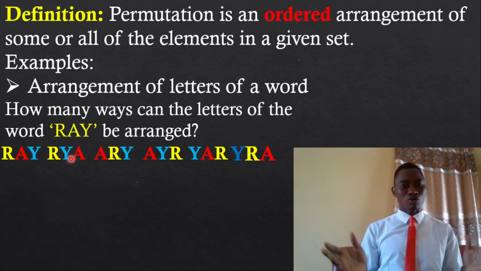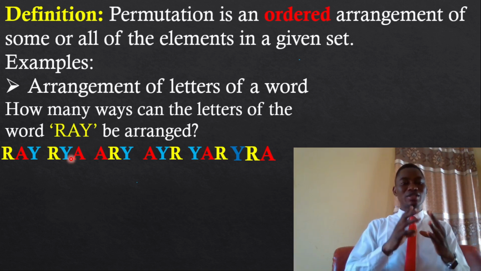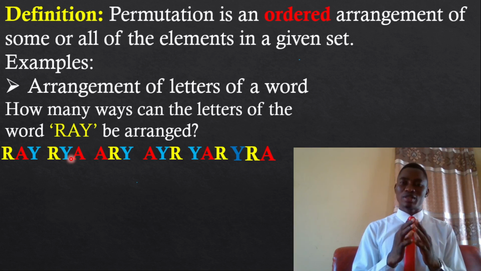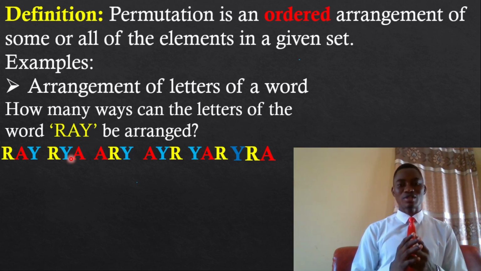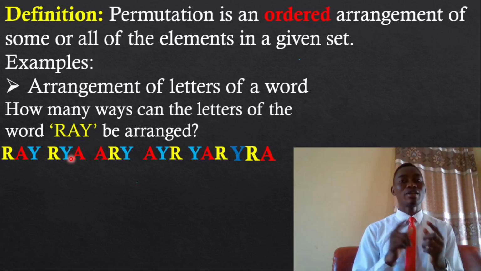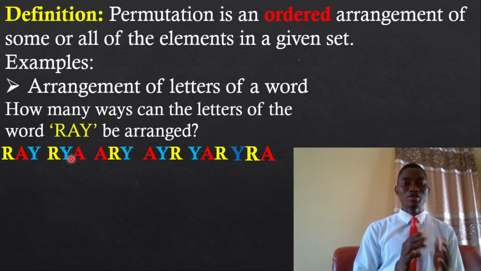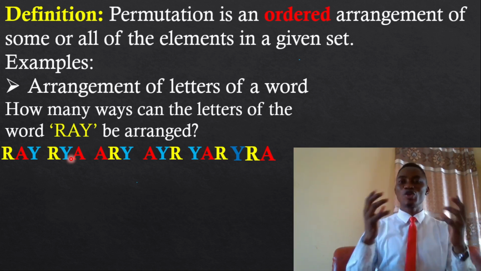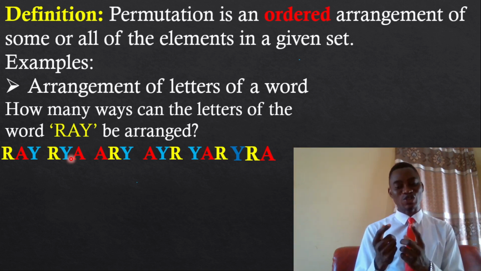So every word has its possible number of permutations. Take Nelson, for instance. Nelson is spelled N-E-L-S-O-N. So Nelson has its own possible number of permutations.